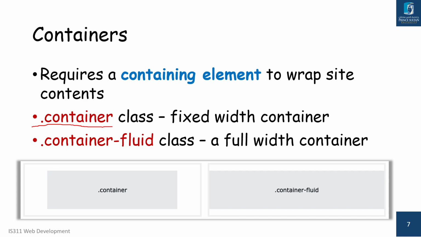Remember, a dot and the name of the class that we can write. So they have defined that class over there. That dot container class is a fixed-width container. It has a fixed width and leaves some space on the left and right, and some margins at the top and bottom.